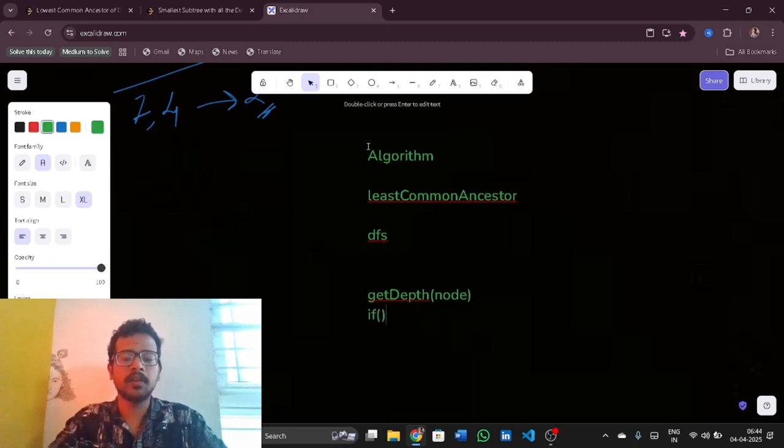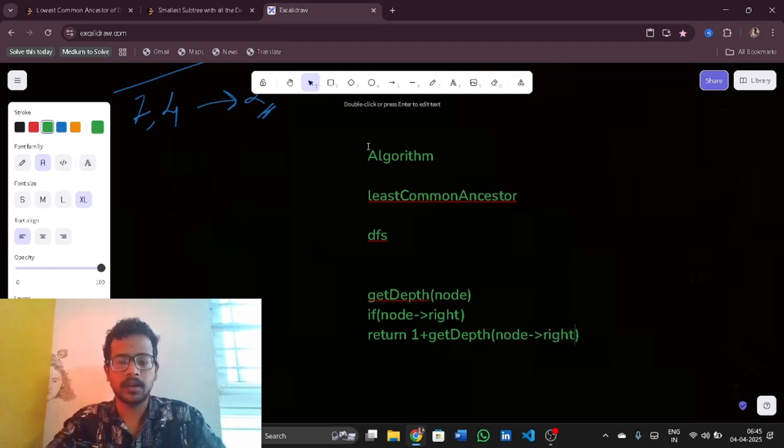So if it is having a right node, then I would return something like 1 plus get depth of node right.